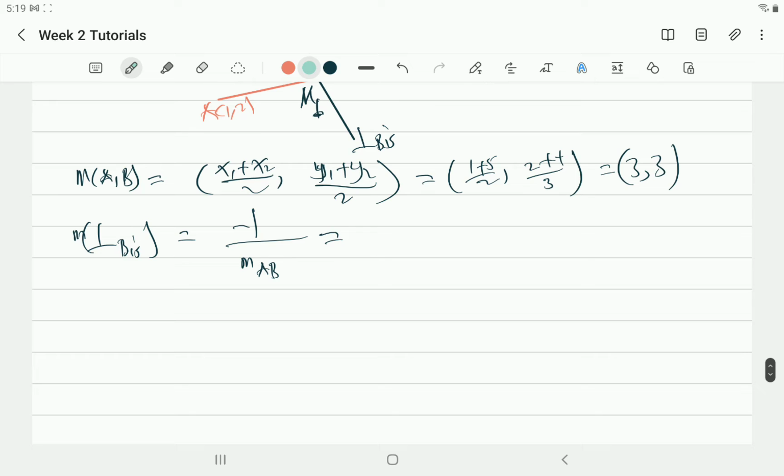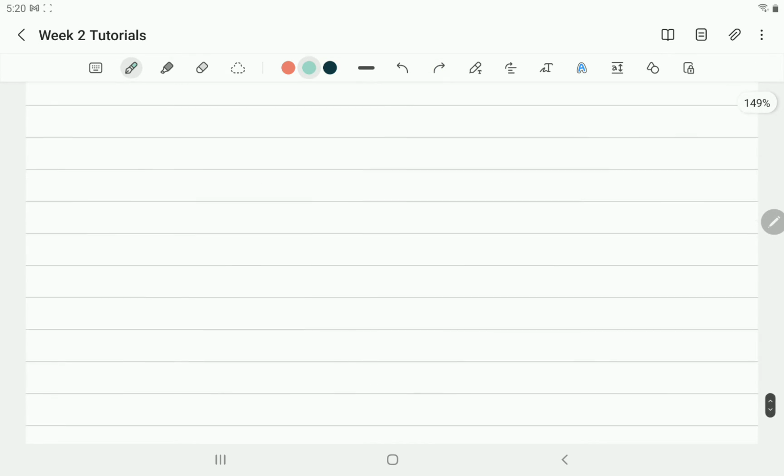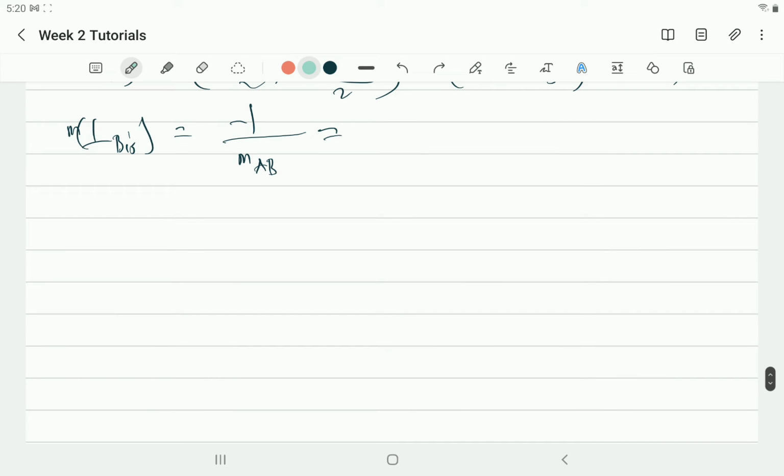So that is the gradient of AB. Let me do this here quickly. AB lies on the line 2y equal to x plus 3, right?